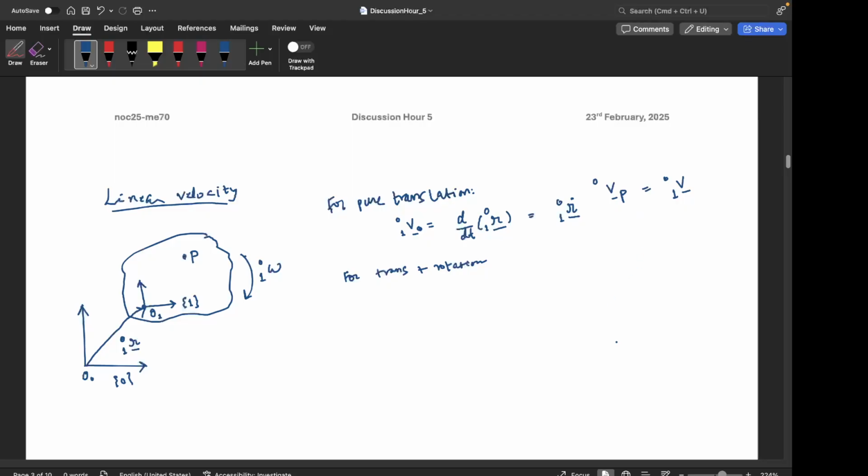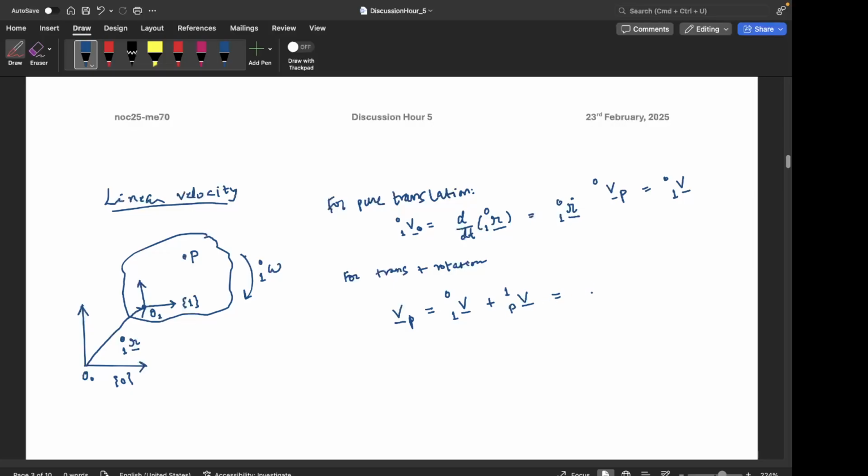And for translation plus rotation, the velocity of point P is, first we write the velocity of point O1, that is v10, and then we write the velocity of point P relative to 1.